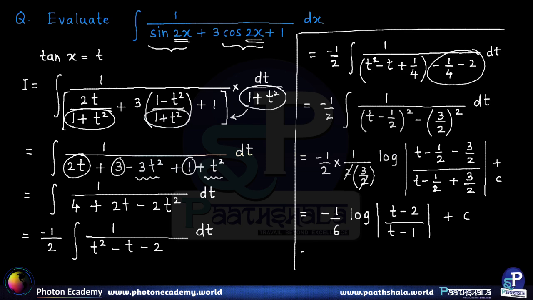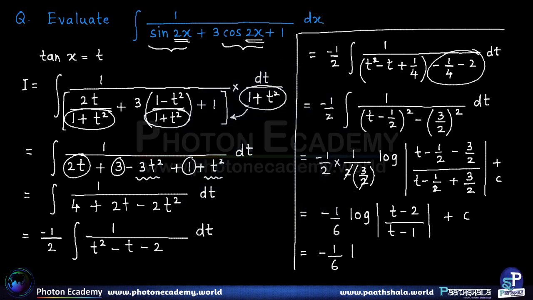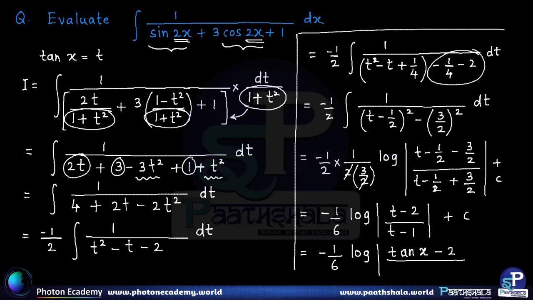At the end, in the last step, we must resubstitute t with what we had substituted for. So t is nothing but tan x, therefore that gives us tan x minus 2 whole upon tan x plus 1, plus c.